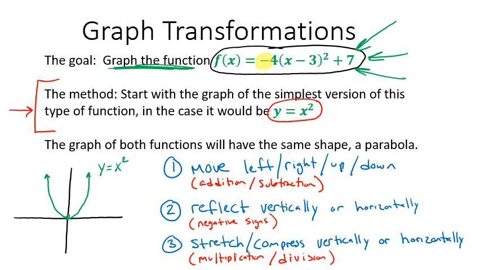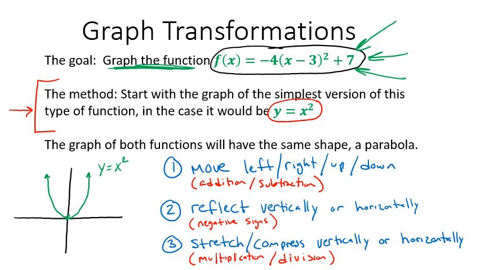So what we want to do is to graph this more complicated version of an x squared function, we want to start with the simplest version, right? We want to move it left, right, up, down. We want to reflect it possibly over the x-axis, over the y-axis. We want to maybe stretch it, make it skinnier, make it wider, right? Or some combination of these.